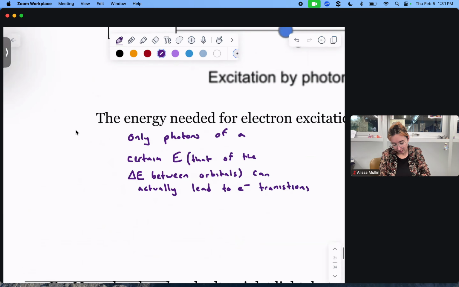Or I guess I should say it can. It depends on their energy. But somewhere within that range, they are able to. Cool. So that is what is happening if this type of light gets absorbed. But we're seeing that N2 doesn't absorb visible light. So why not? It's because visible light does this, and it's not able to do that in N2.